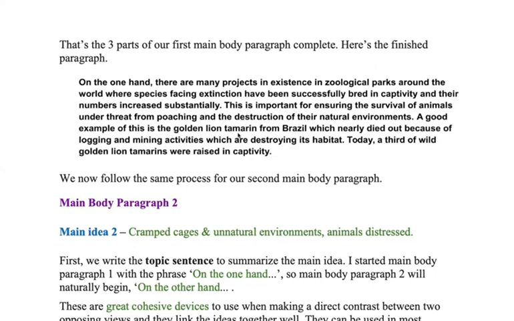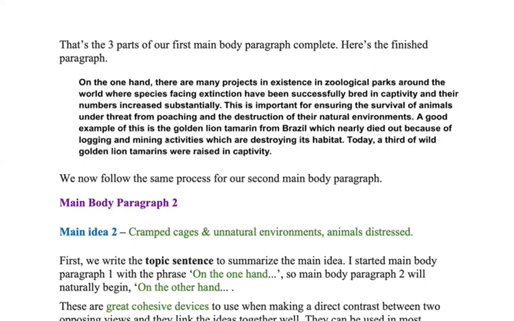This is an example of the idea. So from on the one hand until the increase substantially, it is a topic sentence. And then this is important for ensuring until their natural environments, this is an explanation. And a good example, it is so clear that it is an example of this idea.